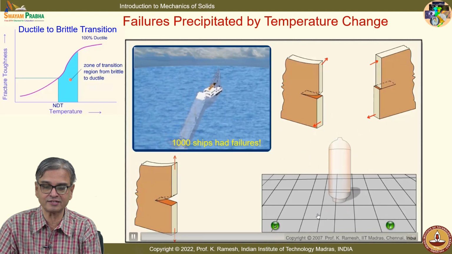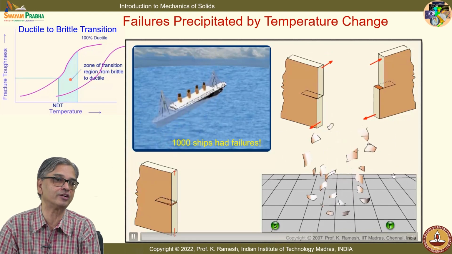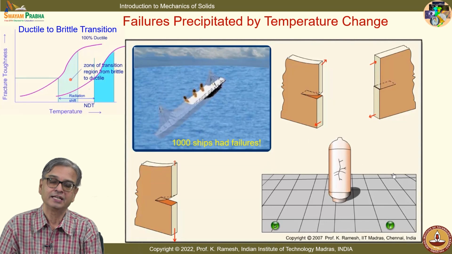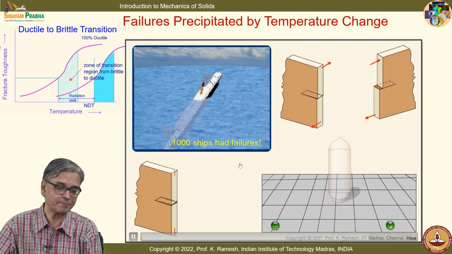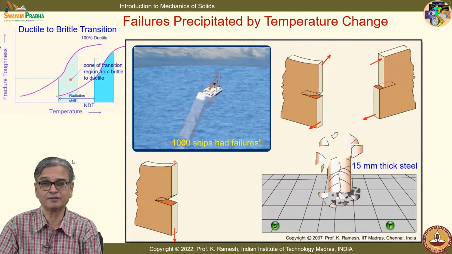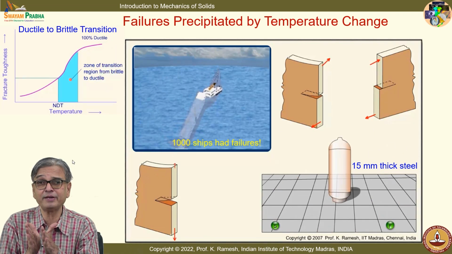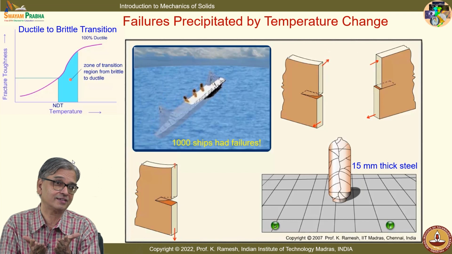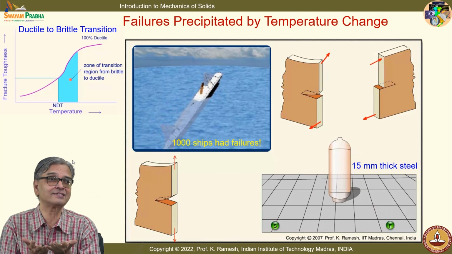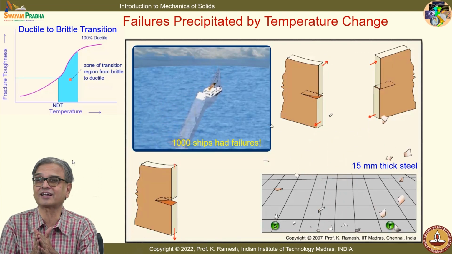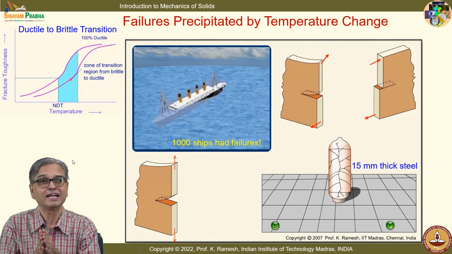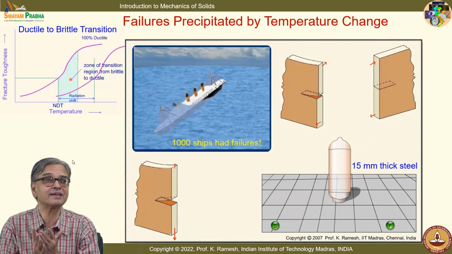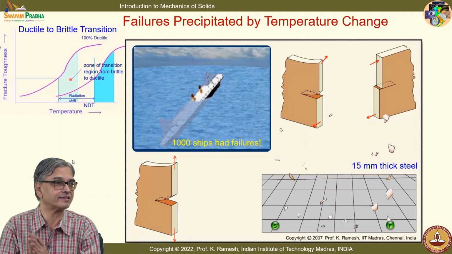Then you also had, in the 1920s, this famous molasses failure in Boston. If you look at this, there was a temperature change. It was made of 15 millimeter thick steel, and you all know it's not made of glass. You can understand glass is brittle and steel is ductile. If that breaks like a brittle material, it's a cause for concern.